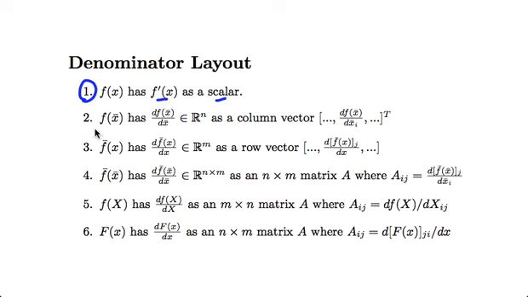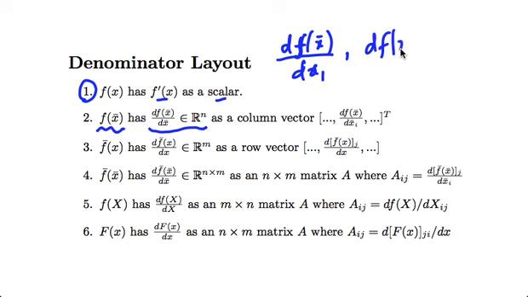Now, when we go to f of x bar, where the input is high dimensional, then the derivative is basically how much does the function f of x change when I vary one of its coordinates? So for example, when I vary x1, or I can ask how much does the function change when I vary x2, and so on.